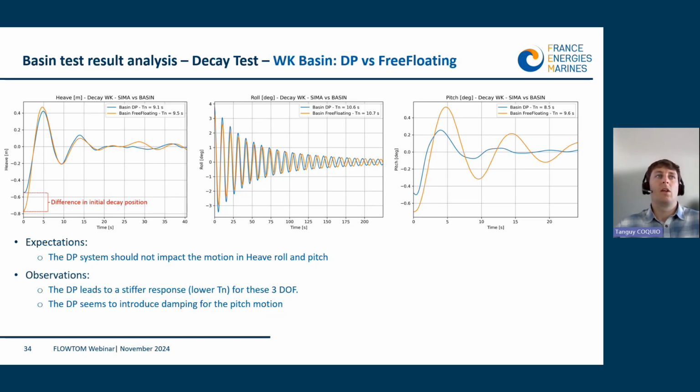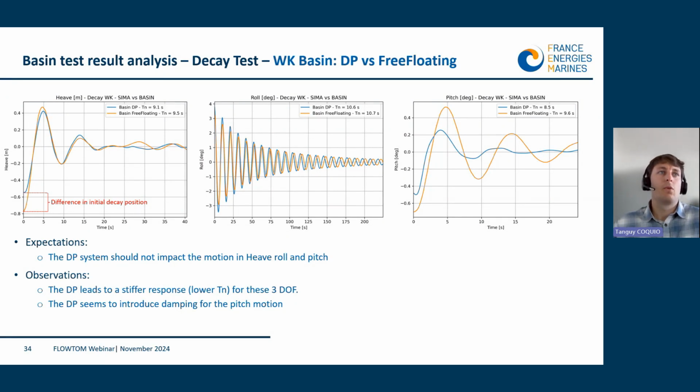What we have to understand here is that the station keeping system of the dynamic positioning is meant to control the surge motion, the sway motion, and the yaw motion, but should not impact the heave, roll, and pitch motion. So this is what we are looking at here: the heave, roll, and pitch motion that should not be impacted by the station keeping.